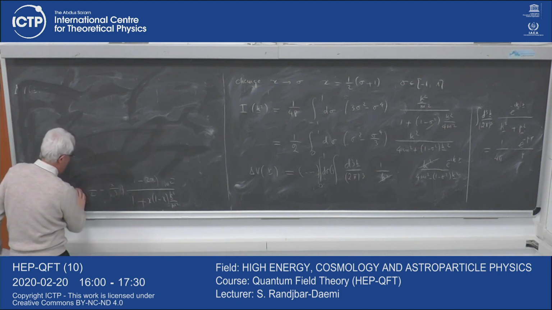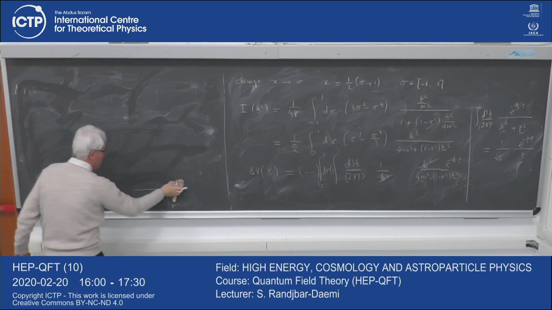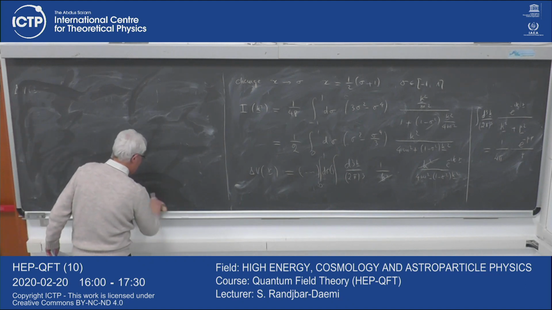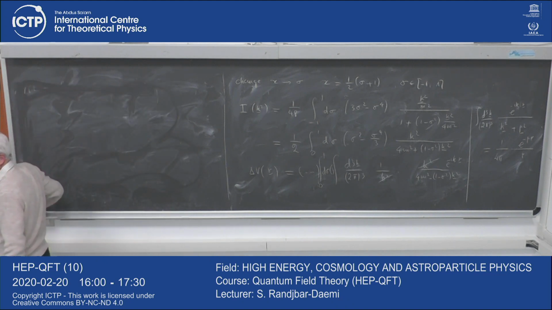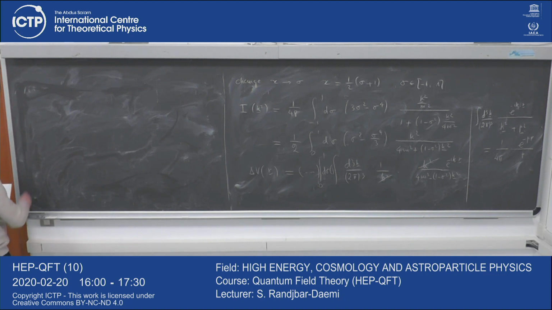And in this form, it was calculated before the development of covariant perturbation theory in QED. It was calculated in 1935, I think, or 1930-something. So there is another change of variable.